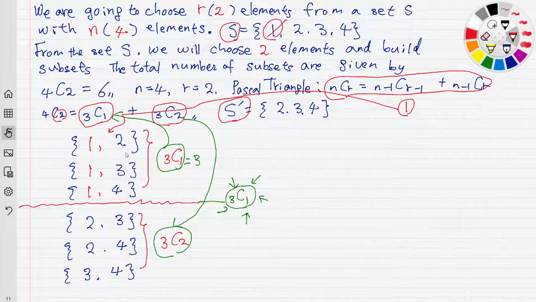Now we label subsets like this: 0, 1, 2, 3, 4, 5. And we label this index 0, 1, 2, 3, 4, 5, m's.